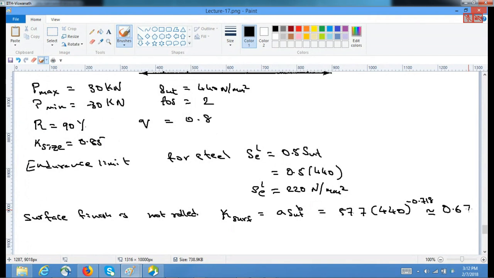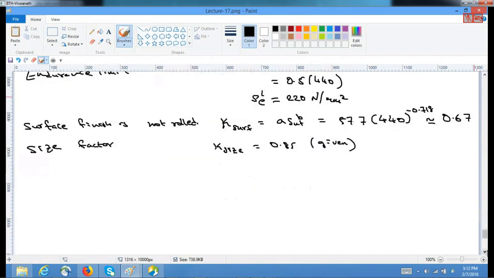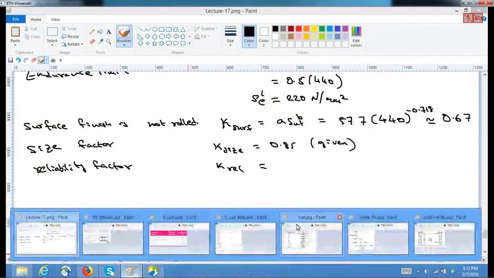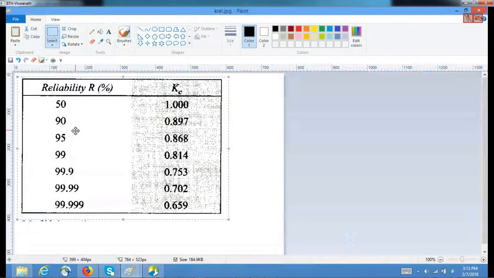Similarly, size factor, K size, is 0.85, which is given. Then reliability factor, K reliability: if you look at the reliability table, for a 90% reliability, the value is 0.897.